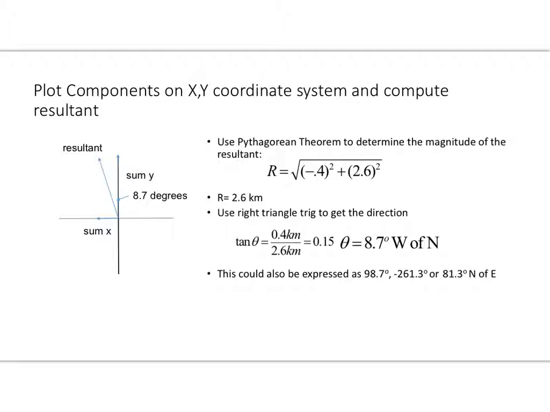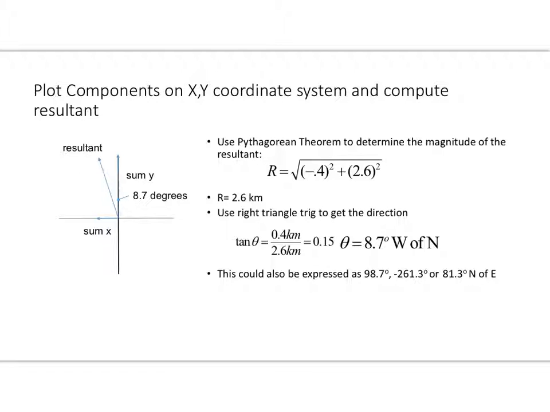Now, to actually do the computation, I would transfer the sum of the x's, that vector, up here so that it's tail to tip with the sum of the y's going like this, and then construct my resultant over here.